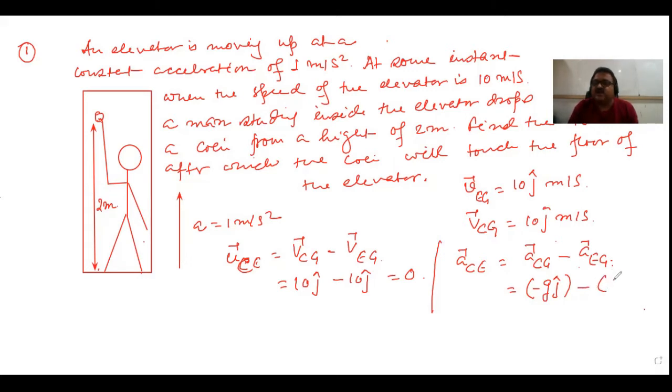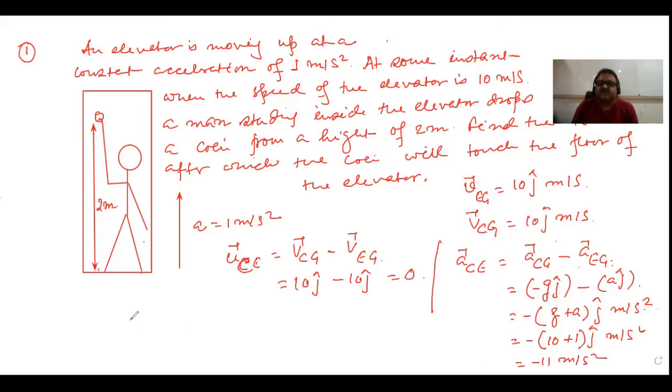So we have to write it as a j cap. Now, if I simplify the result, this would be equal to minus g plus a j cap meter per second square. Suppose I am taking g as 9.8, okay, 10, let me take it 10 plus 1 j cap meter per second square. So it is minus 11 meter per second square.